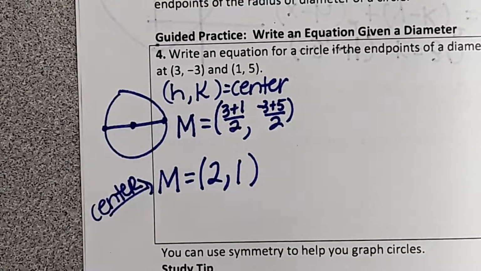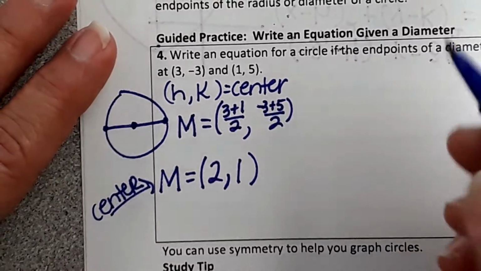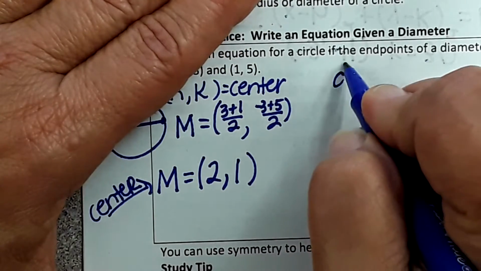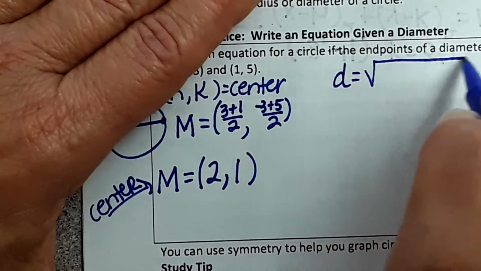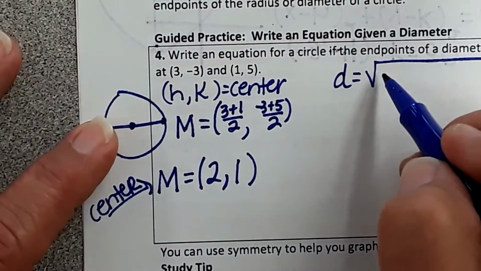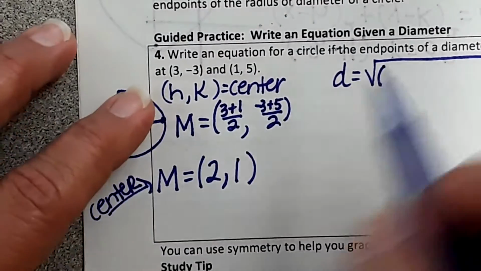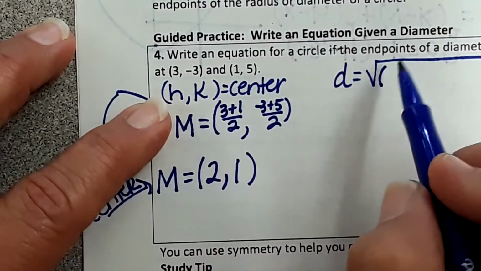Now we need to find the length of that diameter so we can divide it in half, because length is always going to go with distance, okay? What is x2? 1.